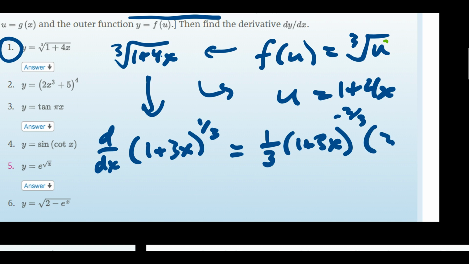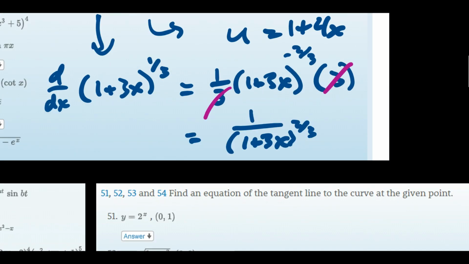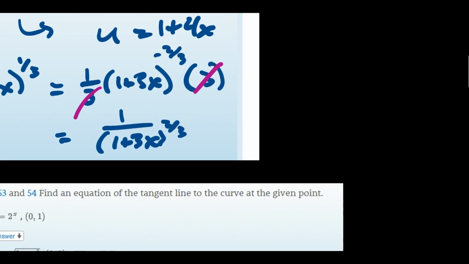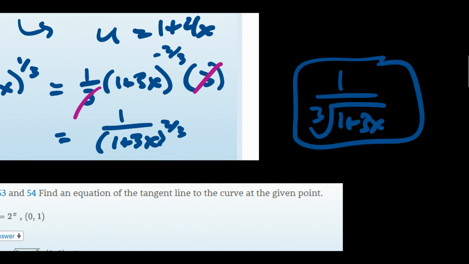And now you take the derivative of the inside, that's 3. If you notice, these two cancel. And so we get 1 over 1 plus 3x to the 2/3 power. I'm running out of room here. And so that would be 1 over the cube root of 1 plus 3x. And we're done. That's the derivative.